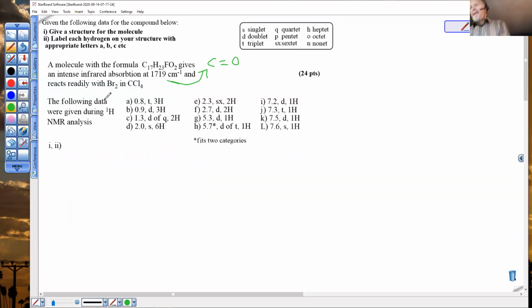This right here is another piece of information that simply says one thing. It says my molecule possesses either an alkene or an alkyne.